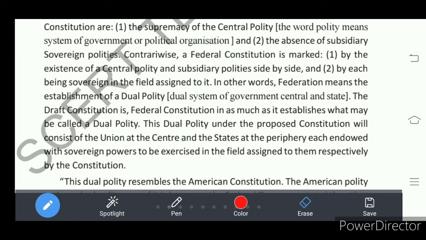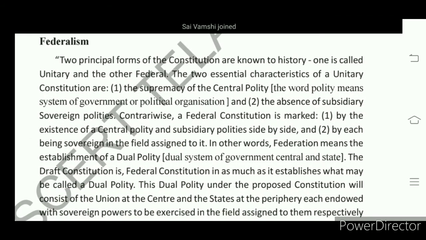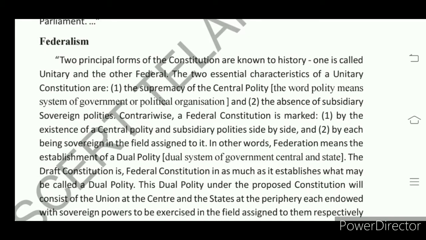This is called dual polity, and it is a feature of a federal constitution. So do we have dual polity in India? Yes, we have. At the central level we have the union government, and at the states level we have state governments. This is one of the principles of federation, that is, dual polity.